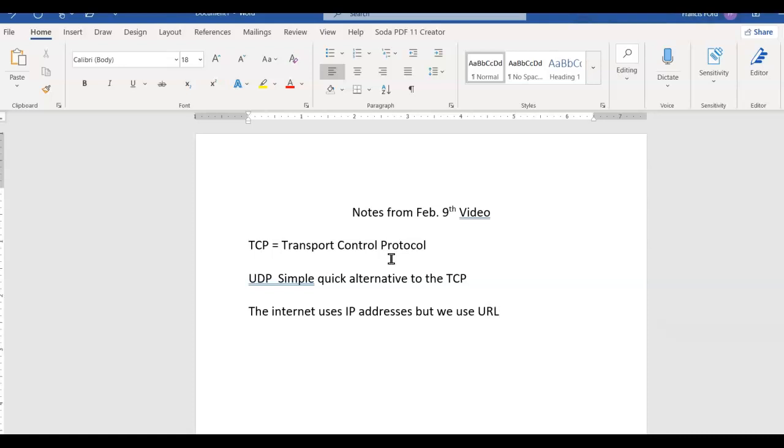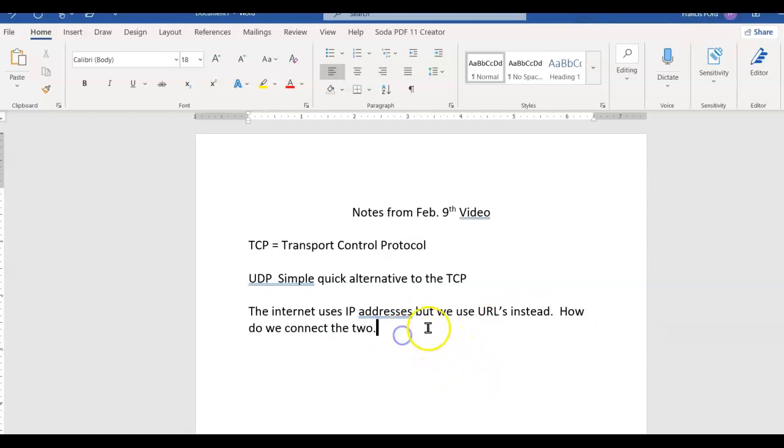How do we connect the two? That's what this is all about. How do we get from knowing what a URL is to the IP that the system needs?